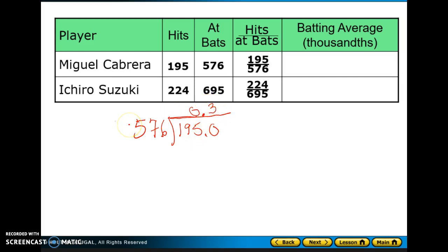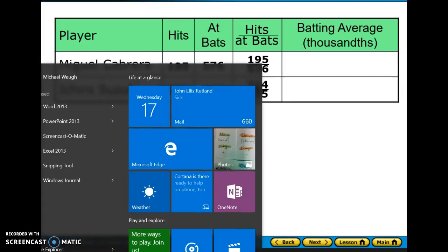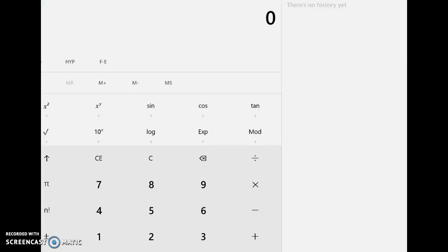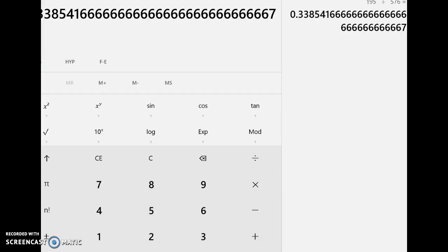3 times 576. I'm going to use my nifty-difty calculator in just a second. Here's my calculator, and I wanted 195 divided by 576. And this is what I get, a huge decimal, if you can see it.